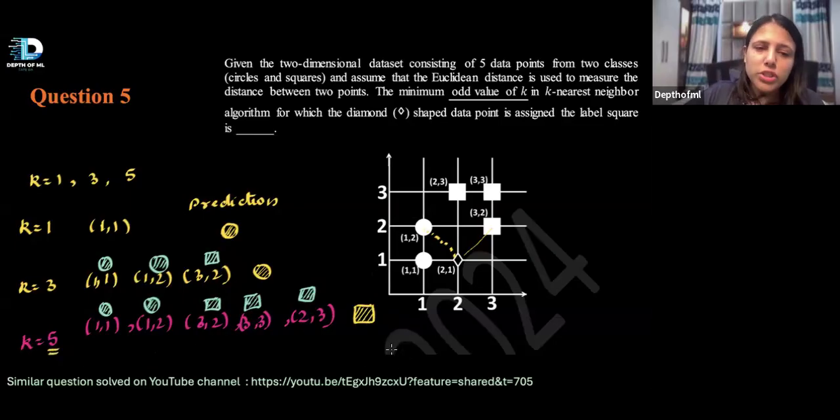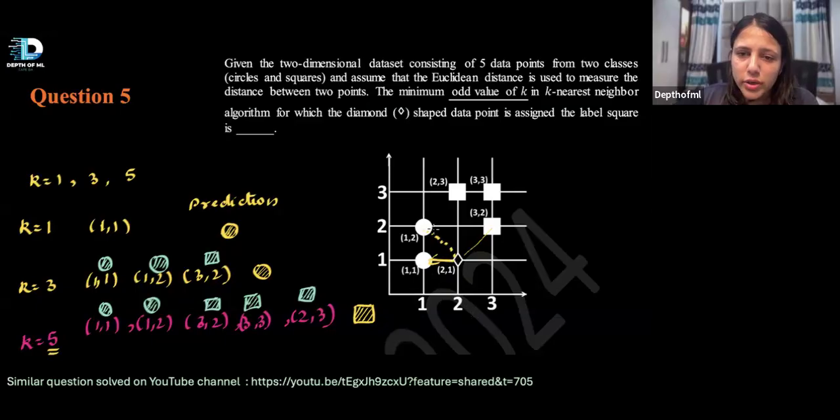First of all, there are ways to do it very fast. You don't even have to write all of this down. You can just quickly see that, oh, this point is there. So in k is equal to 1, this is the nearest data point. Then in k is equal to 3, these two are nearest.